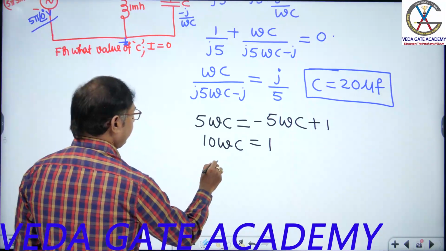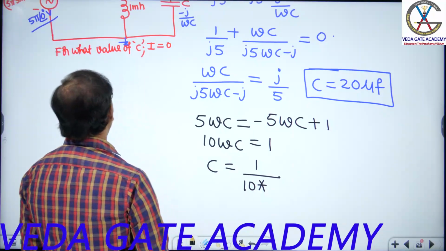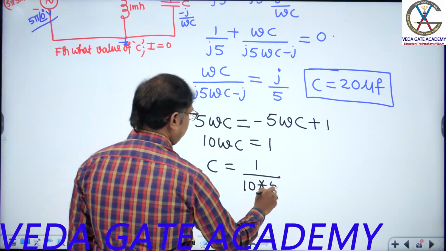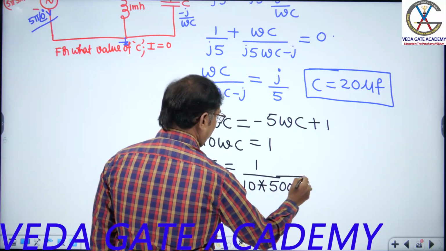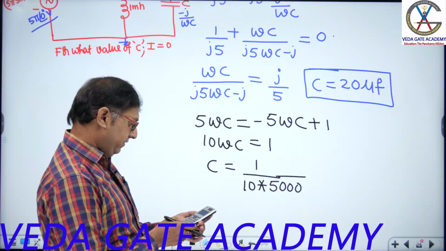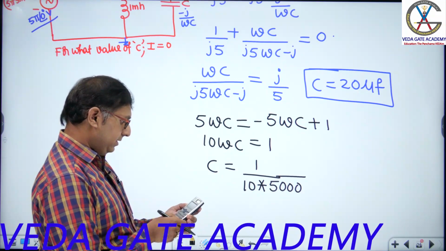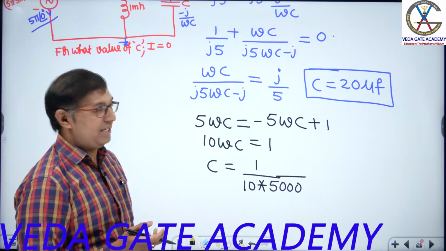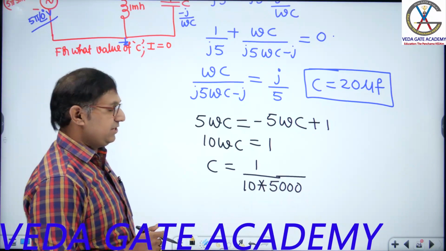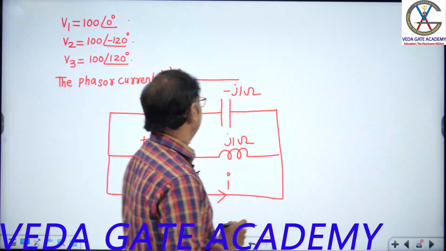What is C? 1 by 10 omega. 1 by 10 into, what is omega given? 5000, right? 1 by 50,000. Perfectly 20 microfarads. 1 divided by 50,000, 2 into 10 power minus 5, which is 20 microfarads. Fine. Next question, please.